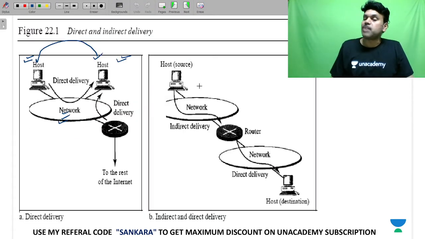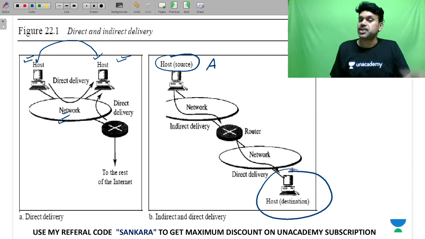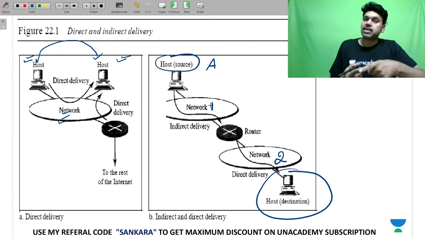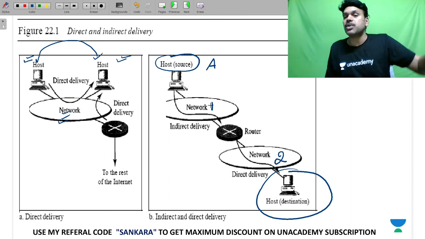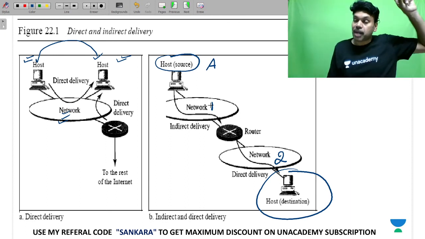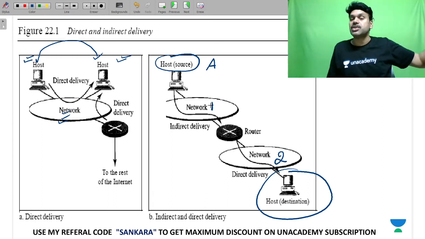So if you observe indirect delivery here, host A, the sender, is available in one network, and host B, the destination, is available in a second network. Network 1 and network 2 are both connected with a router. If both are available in a single network, no problem. Same class, I can hand over the packet directly. But if somebody is available in some other class, I need to first search where he is available, then give him.